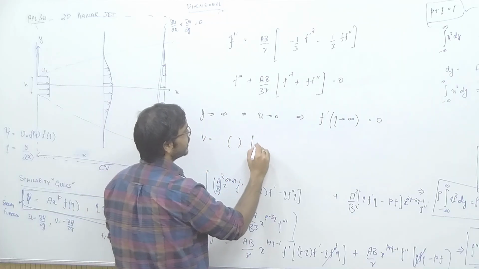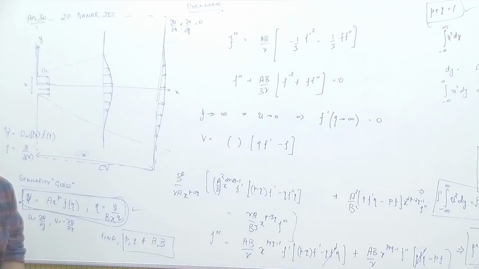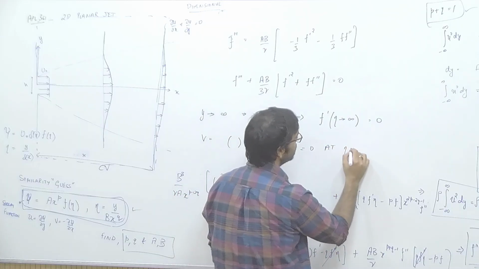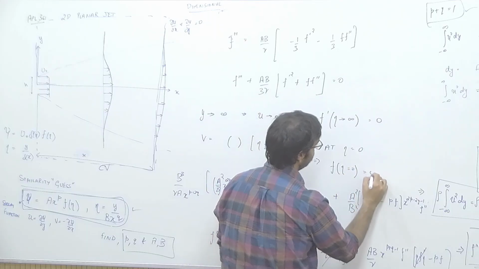Something and then an eta f prime minus f, right? What can you say about v at eta equals 0? When y is 0, what can you say about v? Symmetric. The flow has to be symmetric. So y direction velocity is going to be 0 at eta equals 0. So that means f of eta equals 0 is 0.